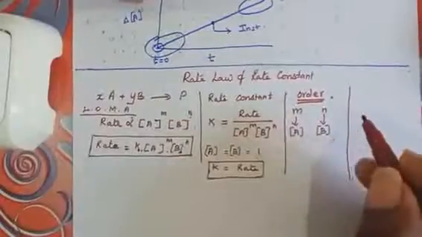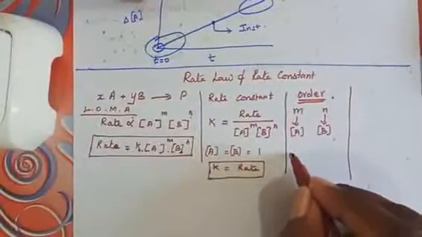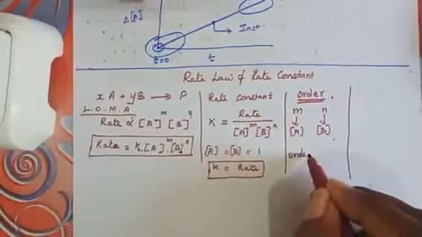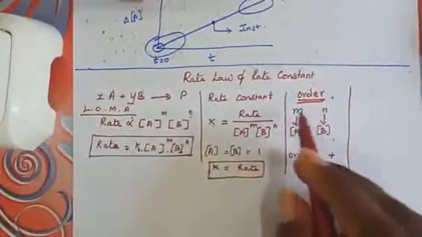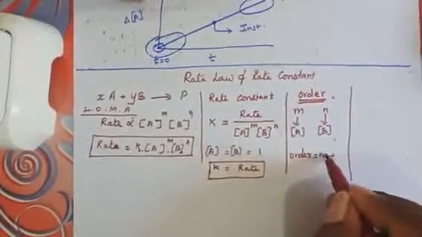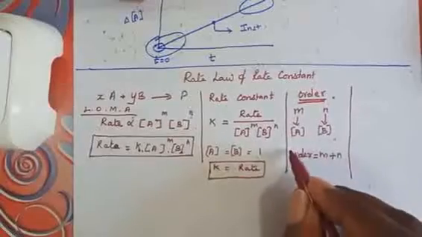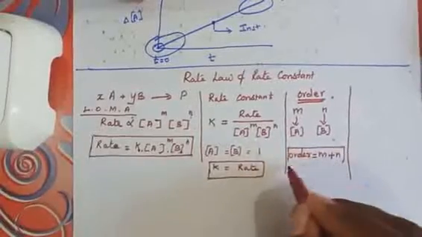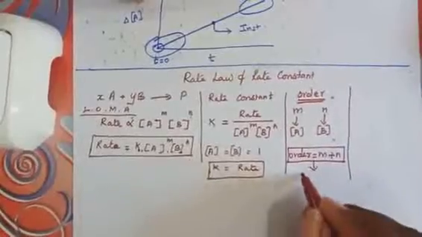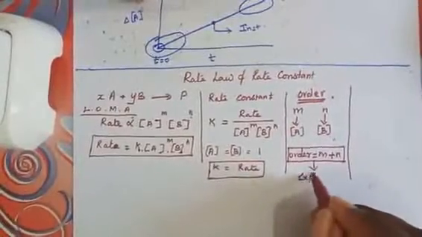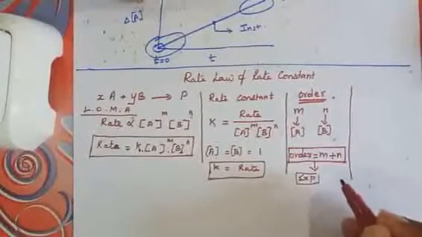What is the overall order? The overall order of the reaction is defined as the sum of the powers m and n present in the rate law. I already told you this is observed from experimental determination only, not a theoretical value.